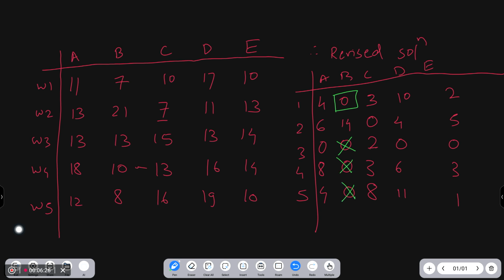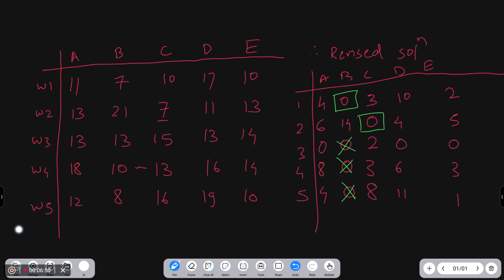In the second, there is one assignable cell. You have to assign it, and if there is any other zero, you have to cross it. In the third row, there are 3. Therefore, in row 4 no assignment is possible, and in row 5 no assignment is possible.